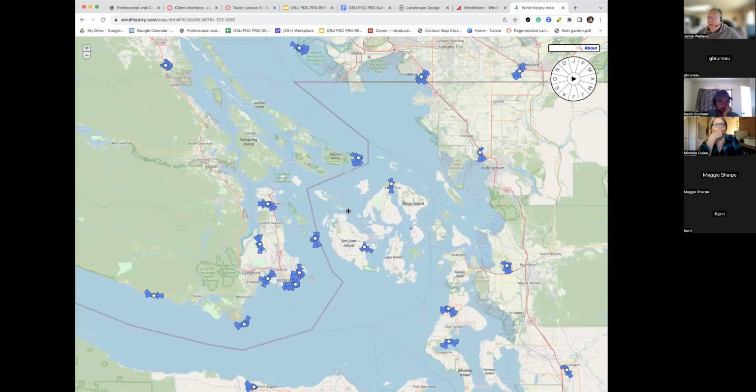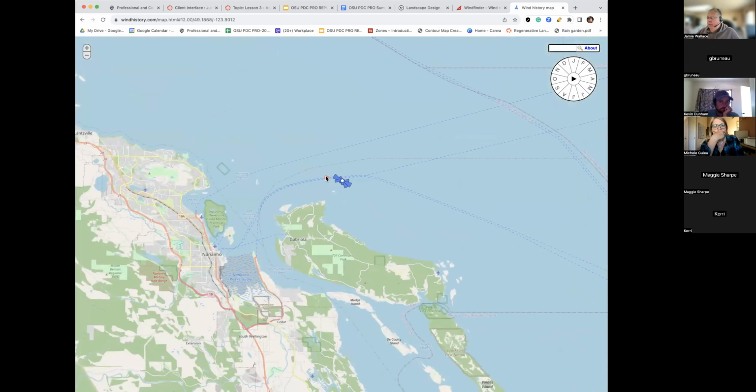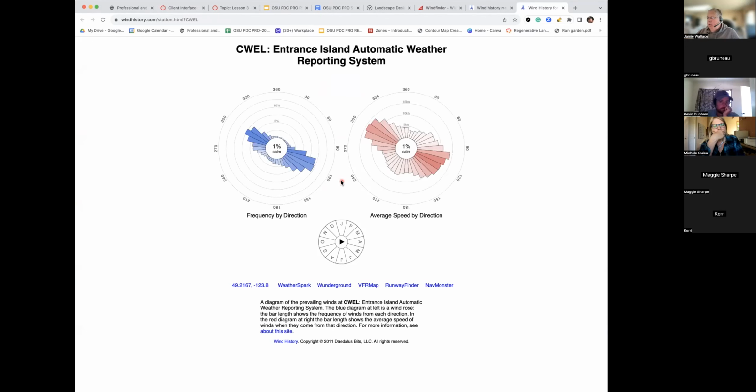And one thing I like about this is it's just showing us frequency. So if we want a little more info on that, we can decide what months we want to look at. So if we were looking at August, we get average speeds, and then we get the frequency of direction.